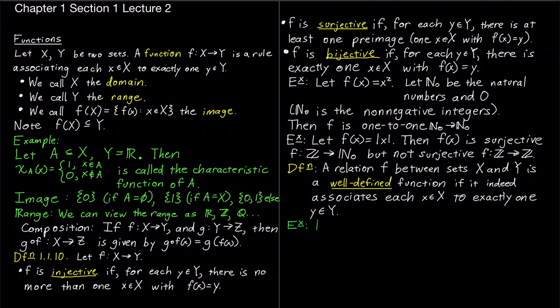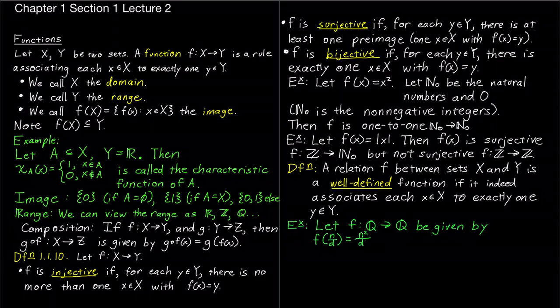So let's let f that goes from the rational numbers to the rational numbers be given by f of n over d is n squared over d squared.